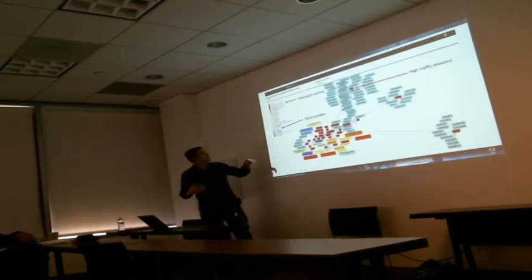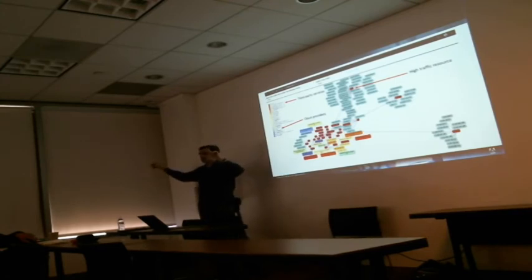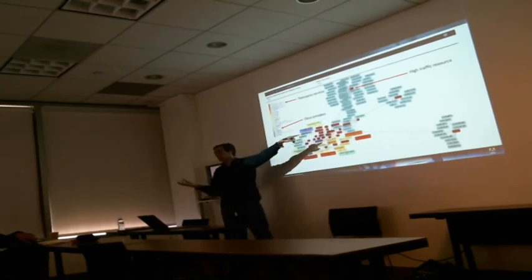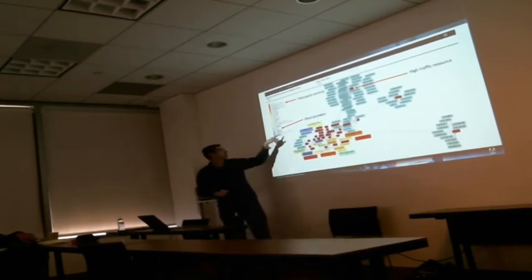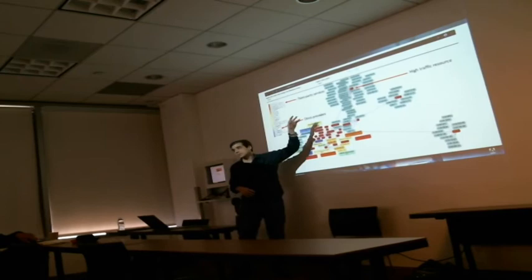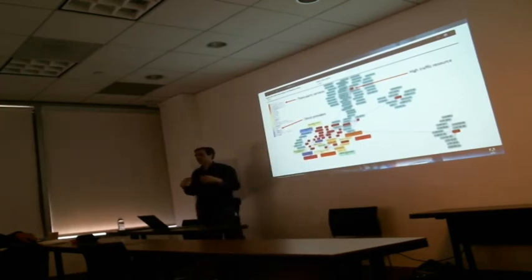I could identify third-party services because there would be DNS CNAME pointers to the third parties that we used as the underlying technology. If it had a lot of IP addresses associated with it, chances are it was a high traffic source. I could figure out who the cloud providers were as well because I could see where those were pointing off. So like all these green boxes here, those are all AWS. And it gave me a picture of what was going on. And I could do this for any domain at Adobe, and I didn't have to talk to anybody.